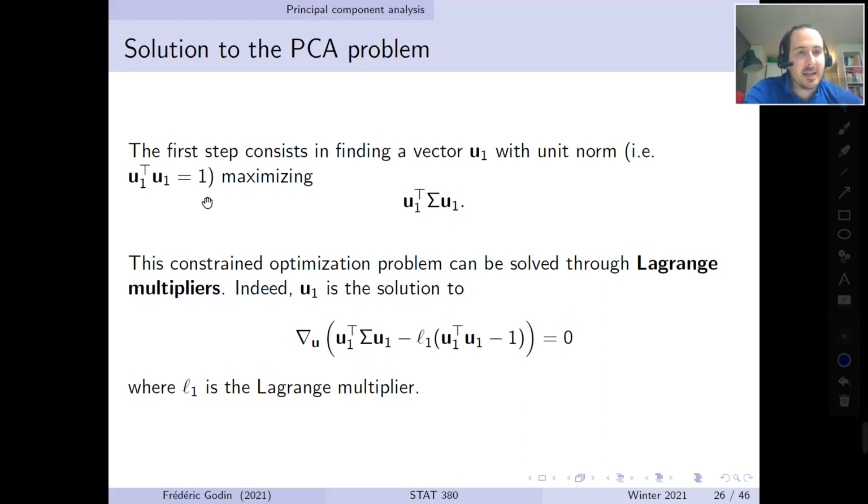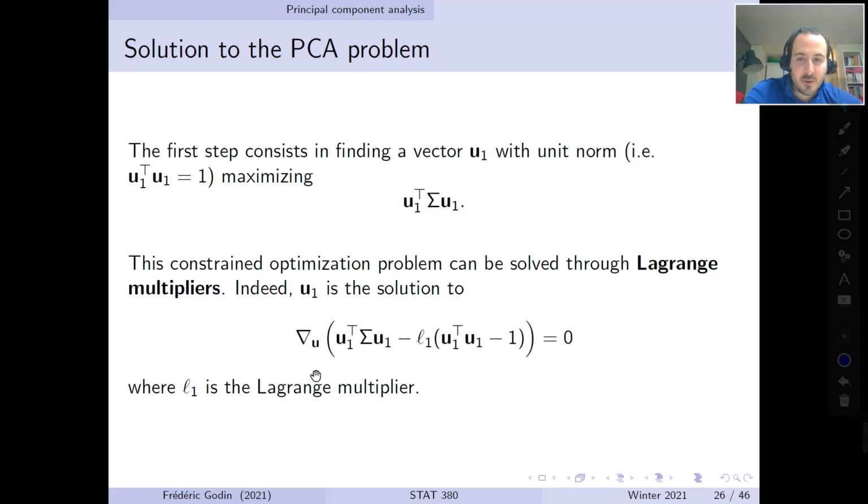So this is basically a constrained optimization problem, and for constrained optimization problems, the typical way to solve them is by relying on Lagrange multipliers. So indeed, the solution U1 will be the solution to the following equation.